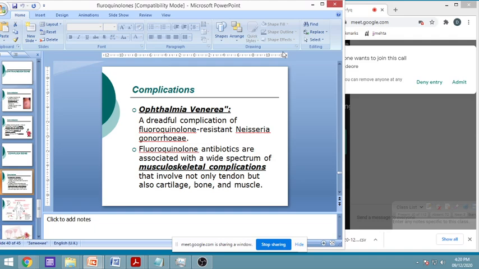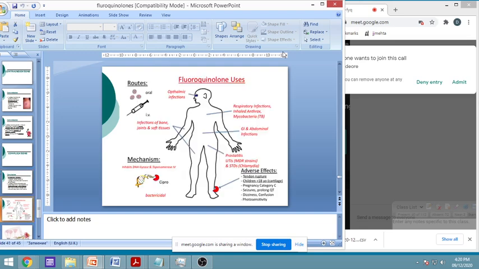We have already seen that this is a major adverse effect, and because of that this musculoskeletal complex can affect tendon, cartilages, bone and muscle, and that's why we are not using them for persons less than 18 years of age, because that is the developing age.